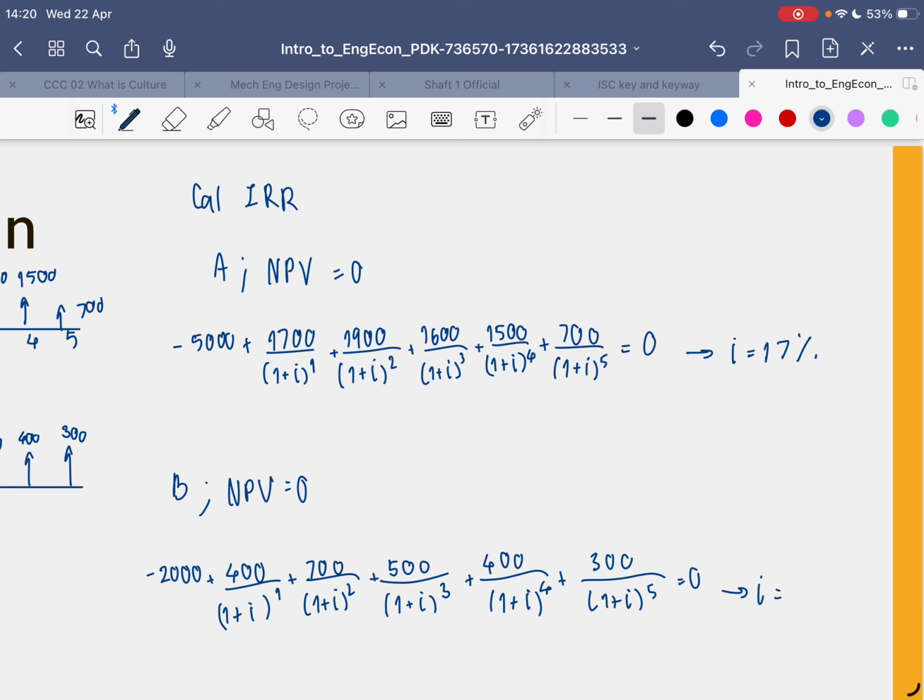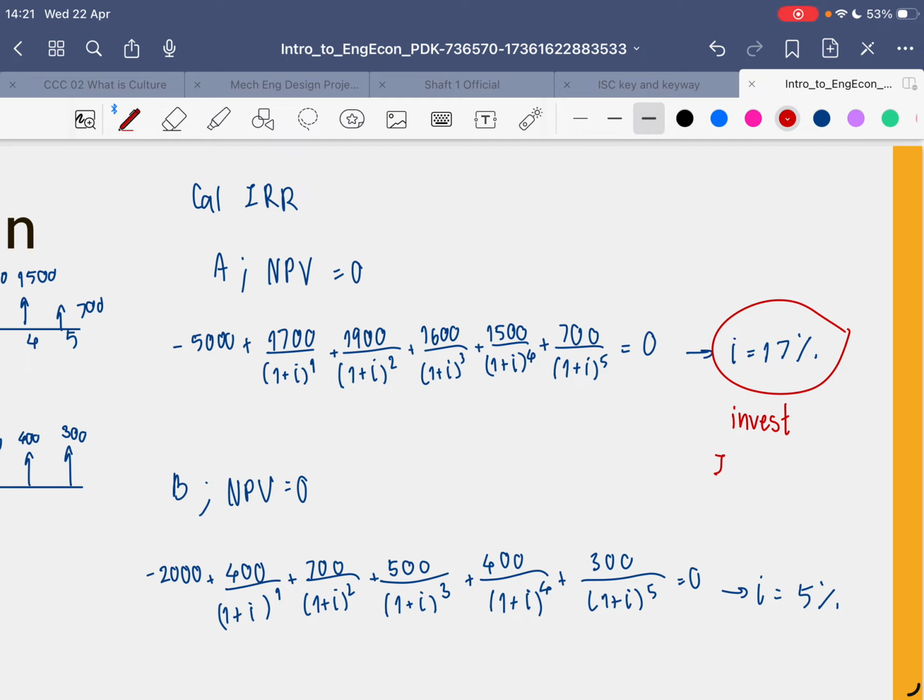The answer is you invest only option A because IRR of option A is higher than your cost of capital, and your cost of capital is 10%. Because IRR of option A is higher than 10%, therefore you invest in project A. And you don't invest in project B because IRR of project B is lower than 10%.